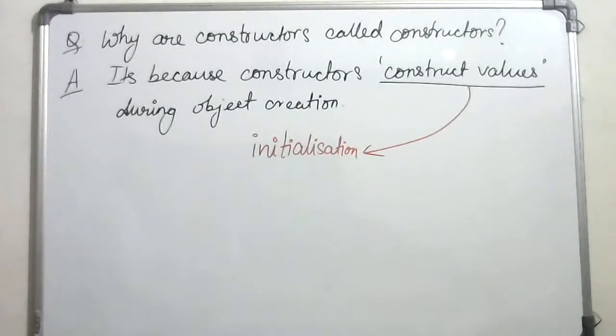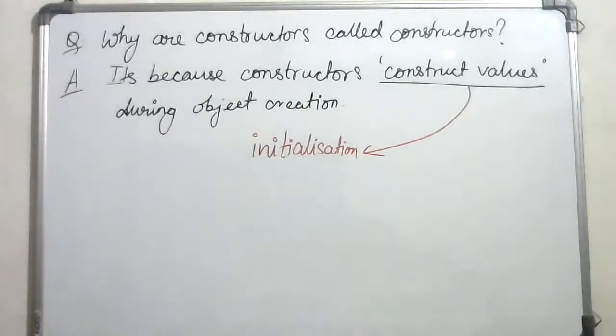It initializes our class variables or instance variables, as you may call them. So it constructs some default values for them. These default values are predetermined. For example, for integer it's 0, for string it's null. So it constructs these predefined values and it initializes the variables defined in the class.